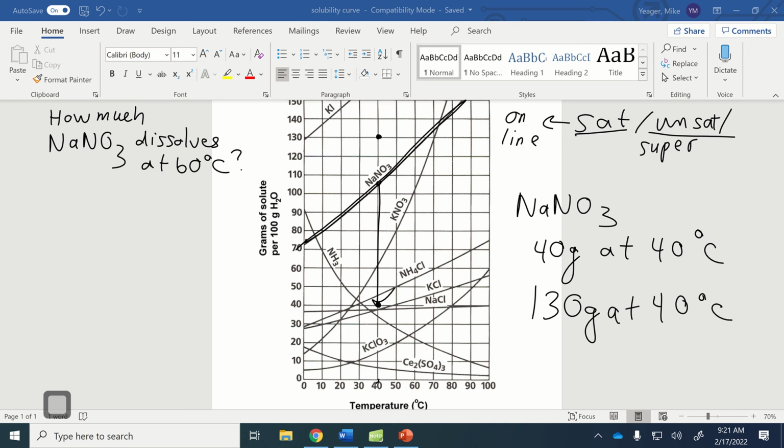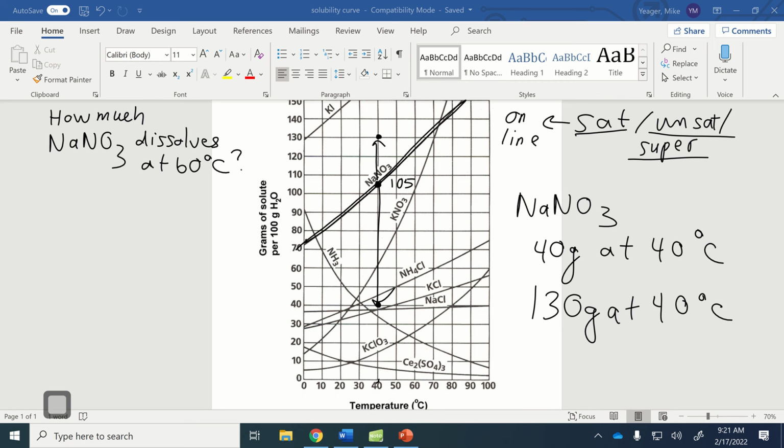What does that mean? Well, I'm above what should be dissolved, and that is supersaturated. I always say it's flying over the line. If you're flying over the line with your data point, you're supersaturated. If you're under the line, you're unsaturated. If I said 105 grams got dissolved, well, guess what? That looks like it's pretty much on the line. So that would be a saturated solution.